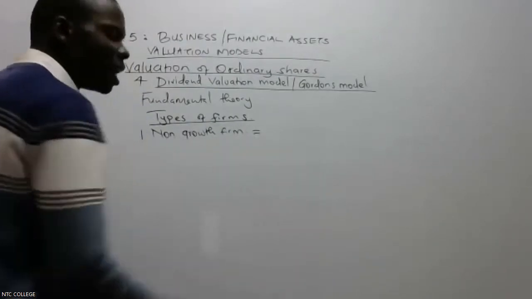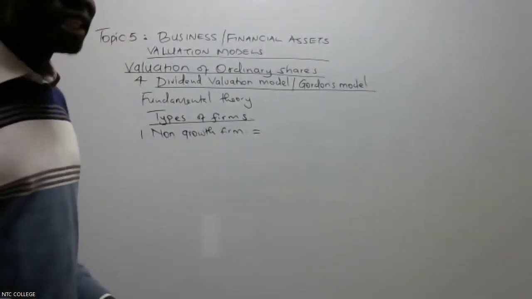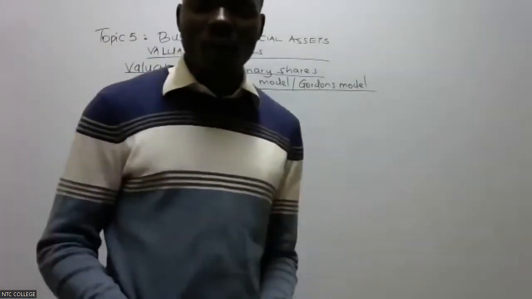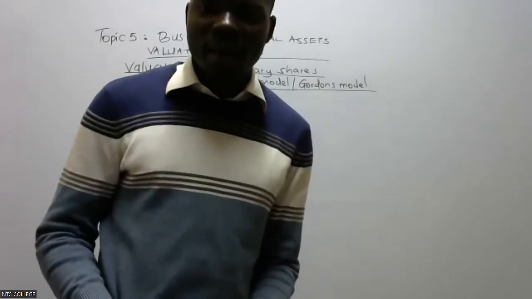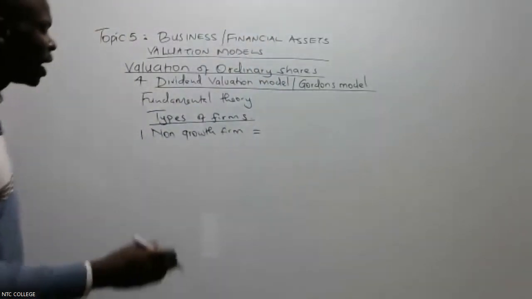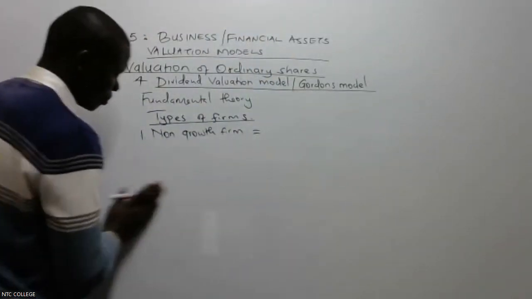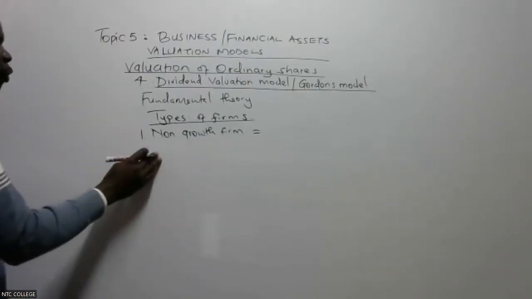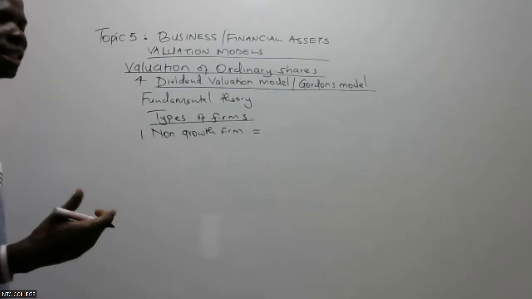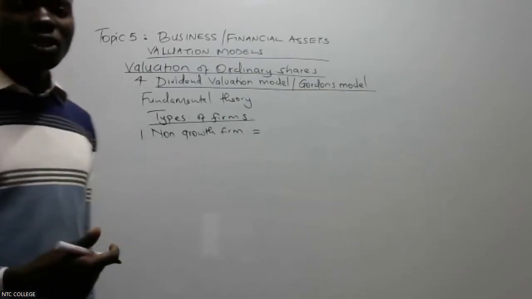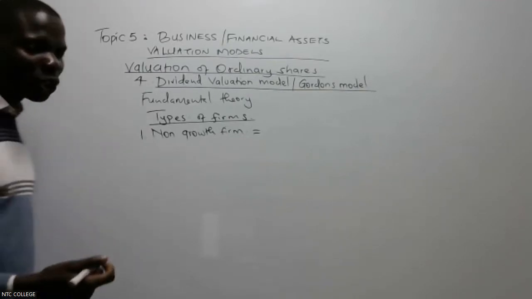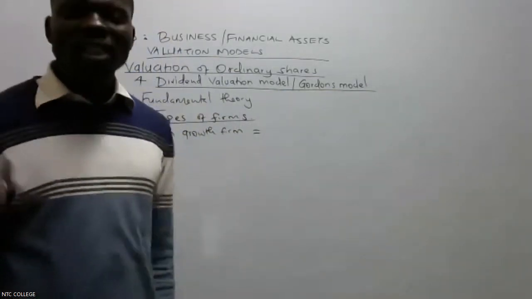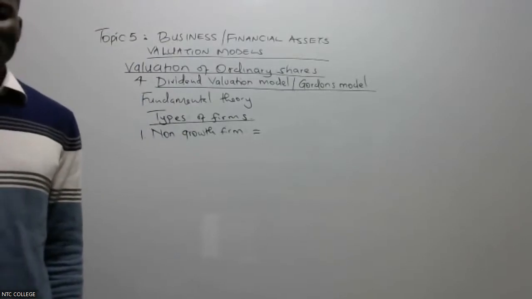First things first, you must understand which type of firm the business is operating in. In this question, they have specified that they are paying constant dividends of 2 shillings.